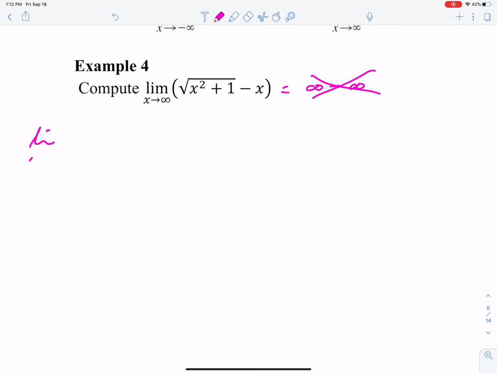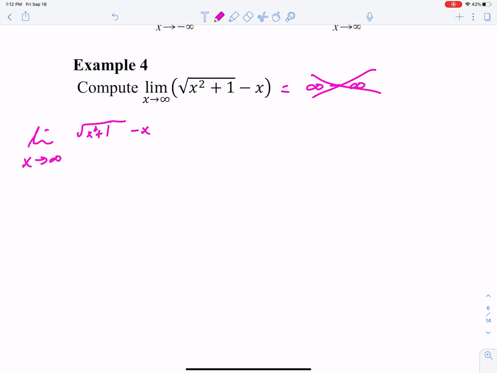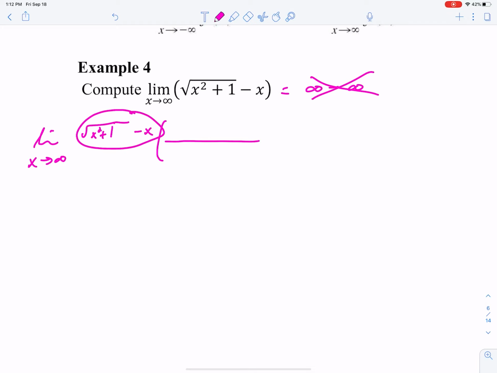So the limit as x approaches infinity of this big mess, the square root of x squared plus 1 minus x. If you remember multiplying by the conjugate, hopefully you do, because it's an important concept. The conjugate means you take what you've got and just change the sign in between.